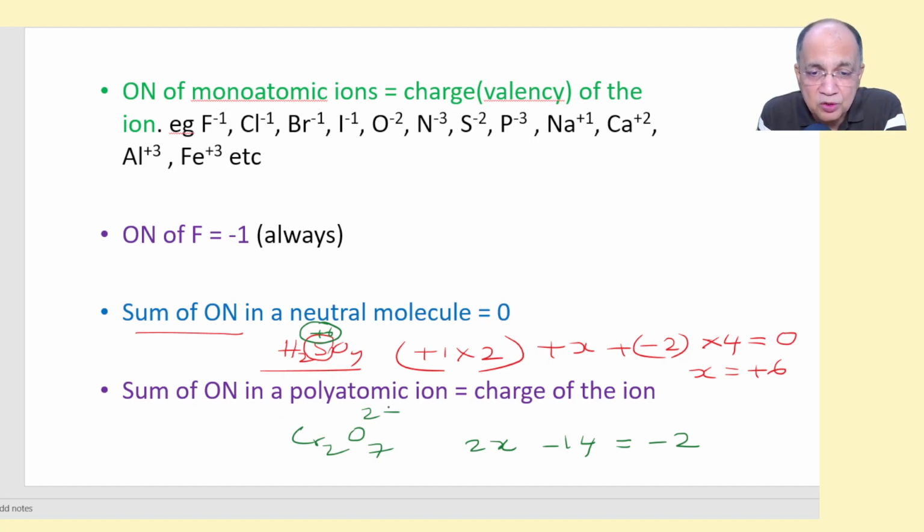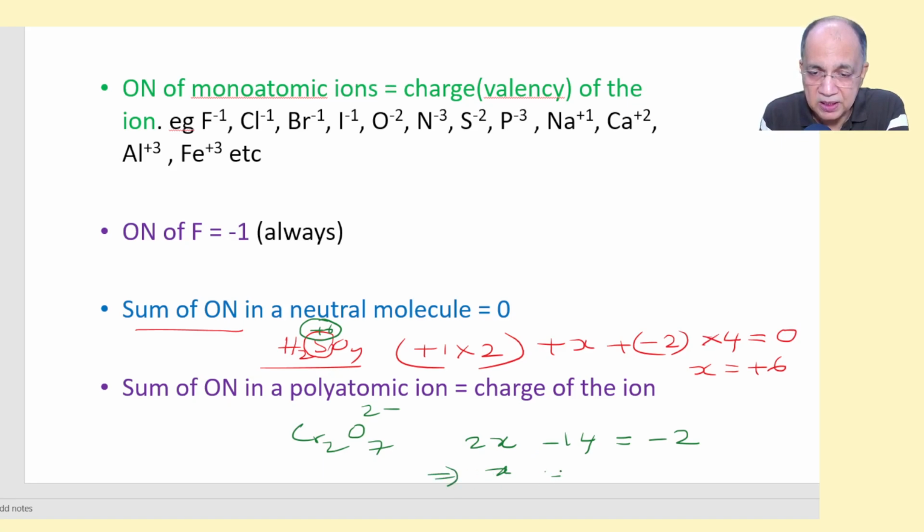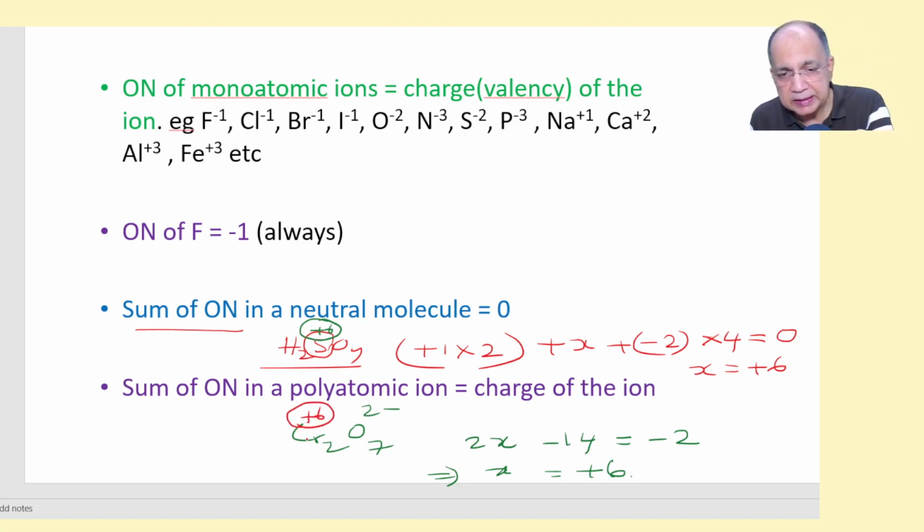So it's a polyatomic ion. The charge is equal to the sum of the oxidation number. So -2 is equal to the sum. So X comes +6. So you can write down in a pencil, because it's not the real charge. Or in a red pen or any other pen with a round mark so that it will be distinguished from the actual charge.